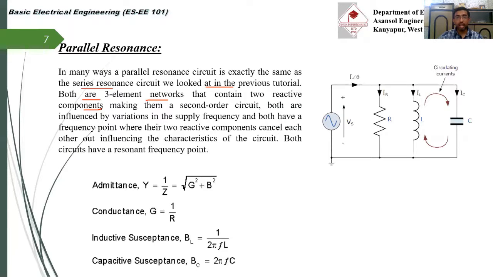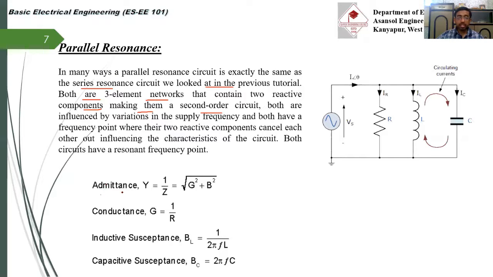That is L and C, that is inductor and capacitor, making them a second order circuit. Both are influenced by variations in the supply frequency, and both have a frequency point where their two reactive components cancel each other out, influencing the characteristics of the circuit. Both circuits have a resonant frequency point.